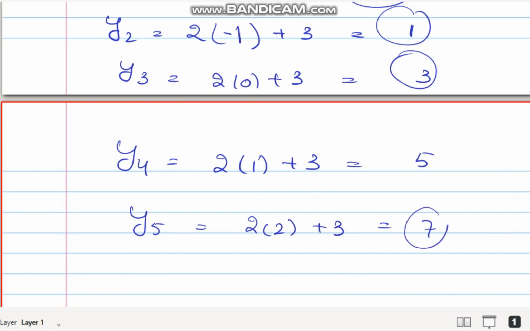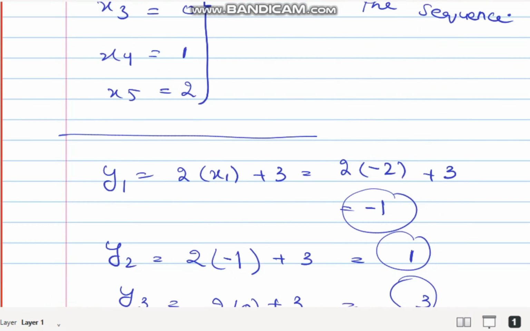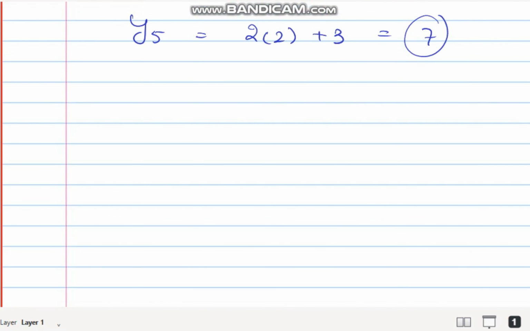Now please students, note my point. What we have done is basically we got the points in this form. Now write the points in this form, and it will be easy for you to plot them. After this, we will plot all these points.